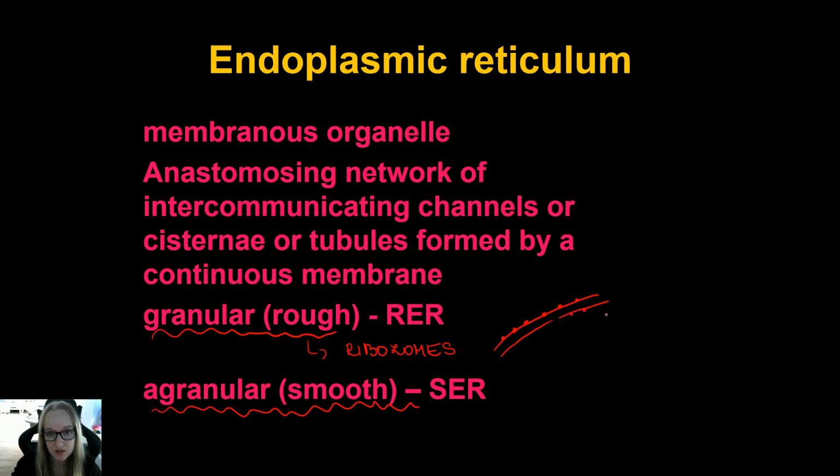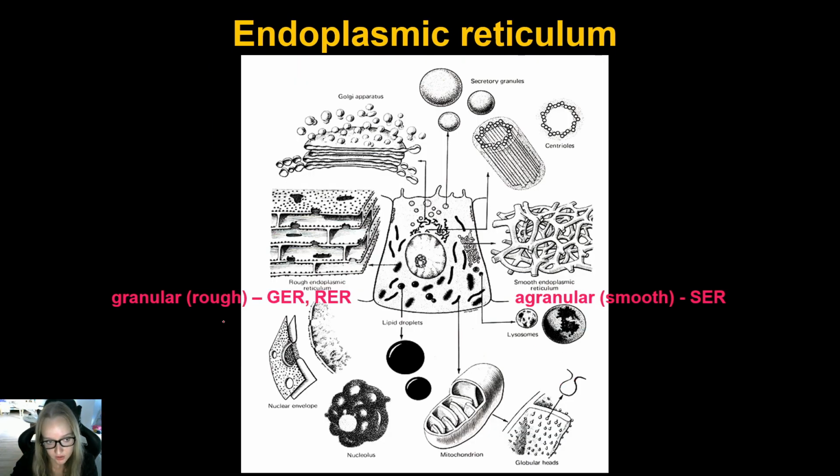That's why it's rough endoplasmic reticulum. Smooth doesn't have ribosomes, of course. Granular is made mostly of cisternae, and agranular or smooth endoplasmic reticulum, which doesn't contain ribosomes, is mostly made of tubules.